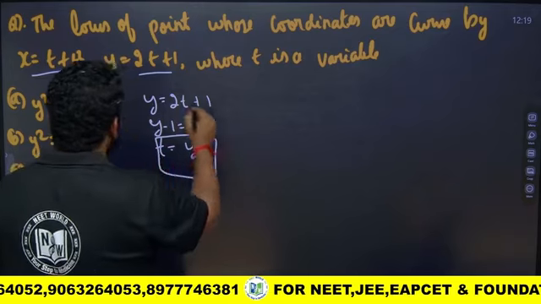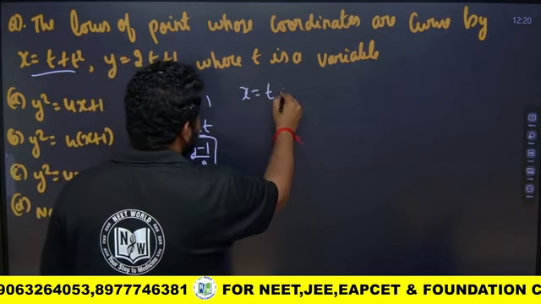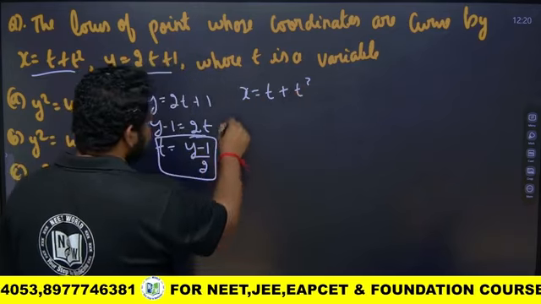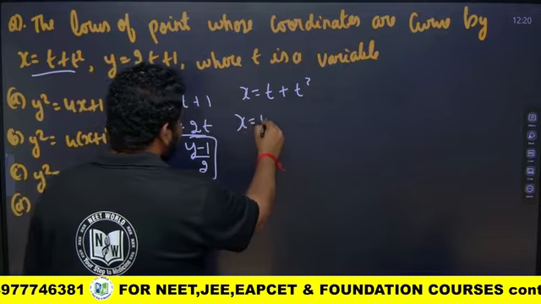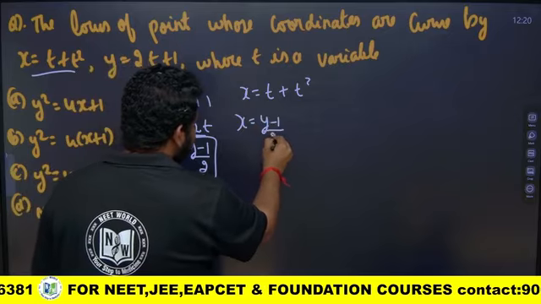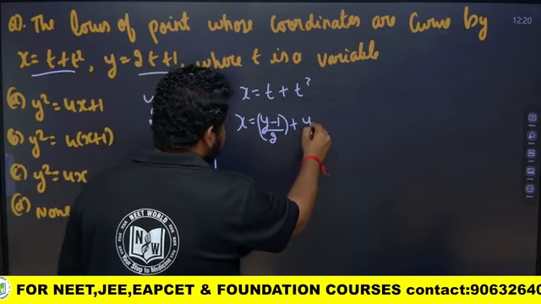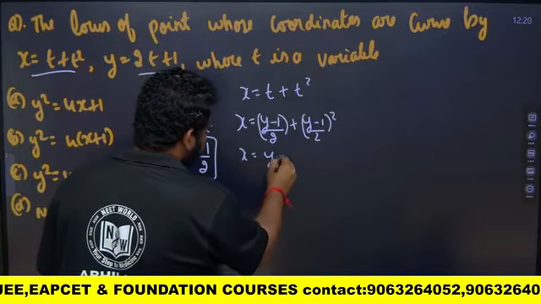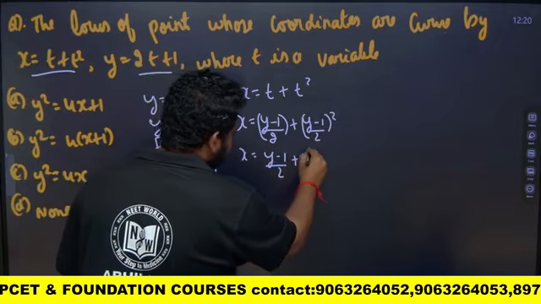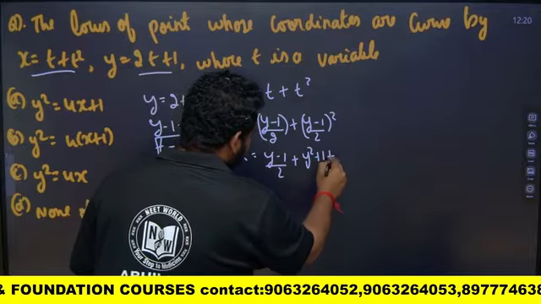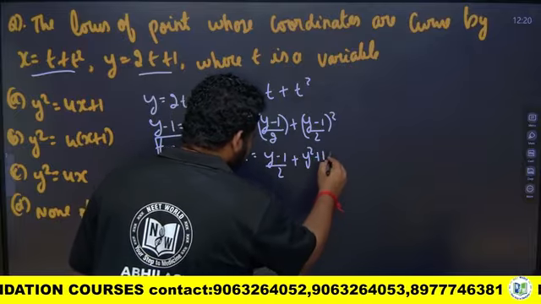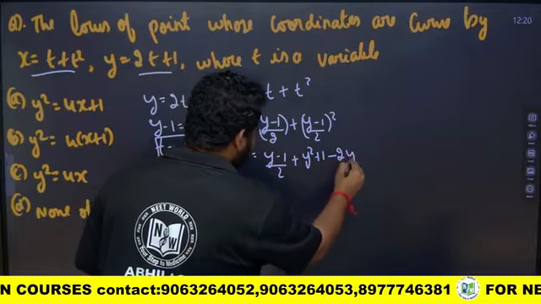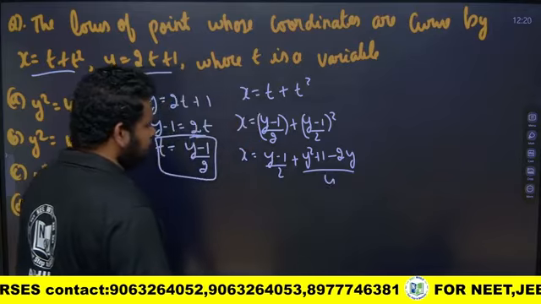Now I have x is equal to t plus t square. Here I will put the t value. So x will be equal to y minus 1 by 2 plus y minus 1 by 2 whole square. So this will become y minus 1 by 2 plus y square plus 1 minus 2y by 4.